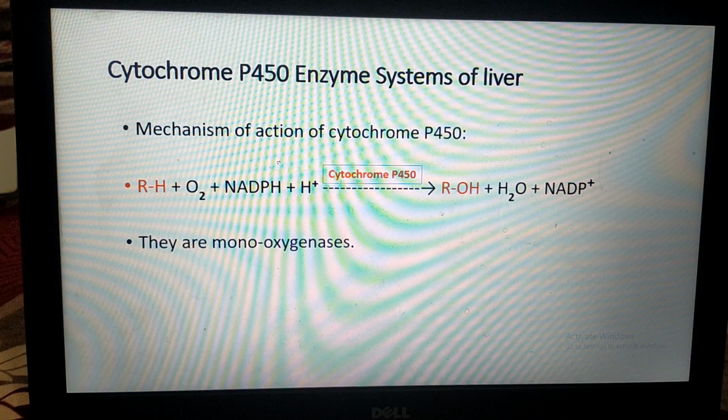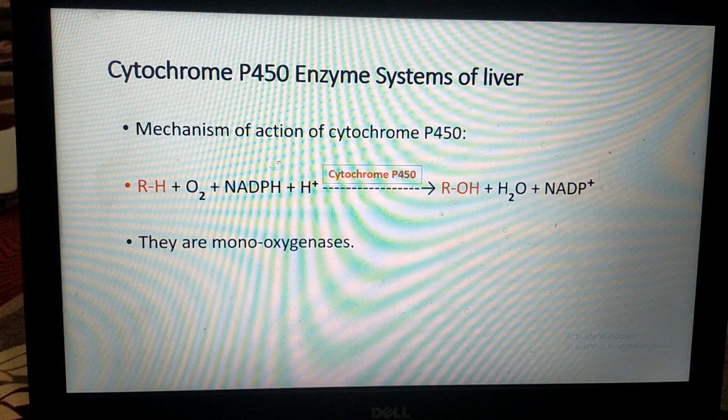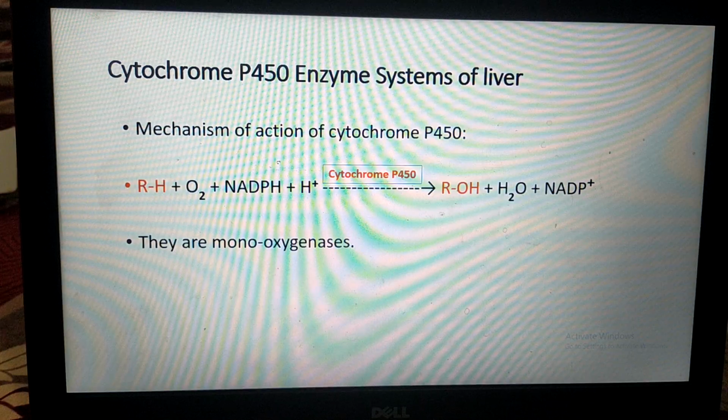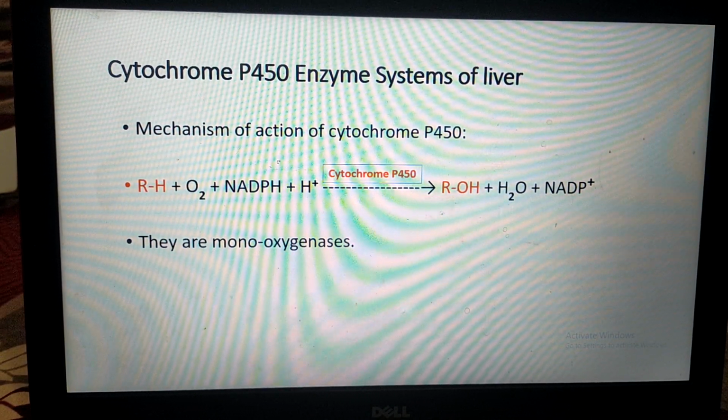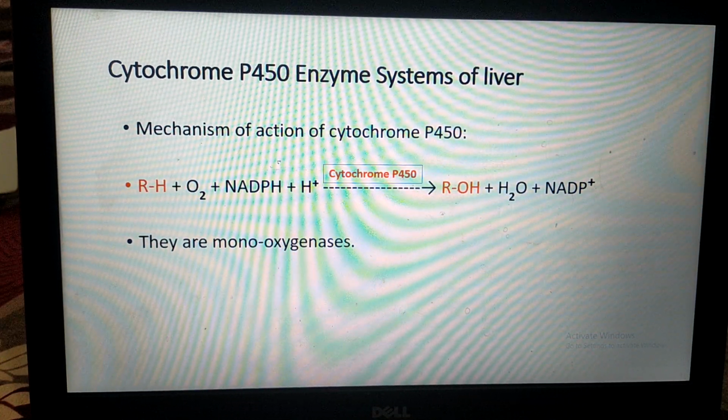One of the atoms is added to RH to form ROH and the other oxygen atom is added to the two hydrogen atoms obtained from NADPH. So the two atoms are separately added into two different substances. Such enzymes are called monooxygenase. If both oxygen atoms are added into only one substrate, then such enzymes are called dioxygenase. Cytochrome P450 is a monooxygenase system.